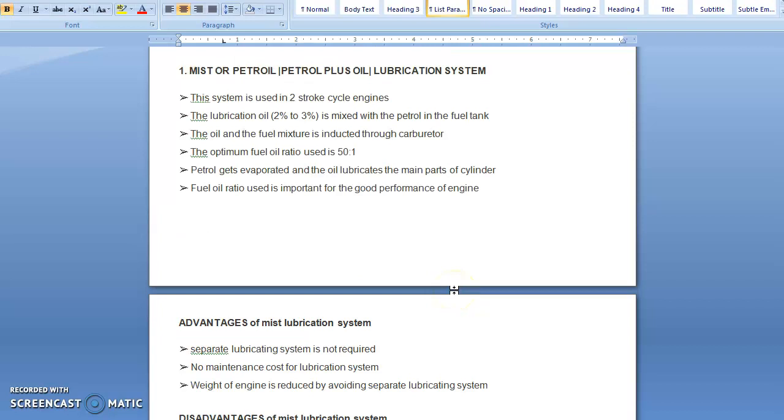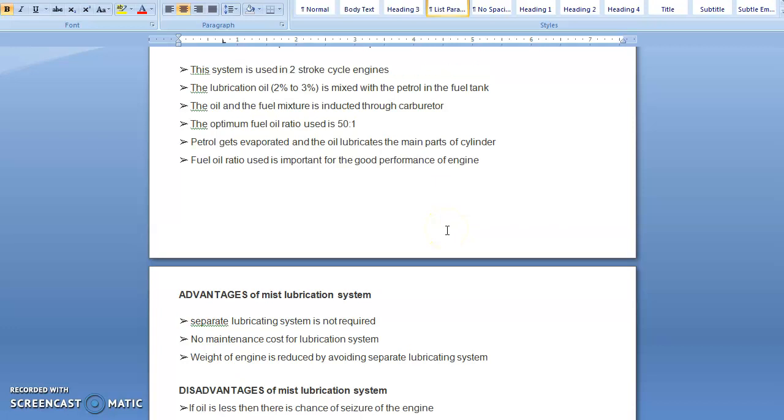The gravity type lubricating system is also named the mixed or petrol plus oil lubricating system. This system of lubrication is generally adopted in 2-stroke petrol engines like scooters or motorcycles.